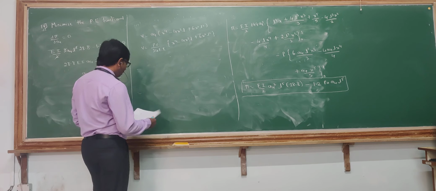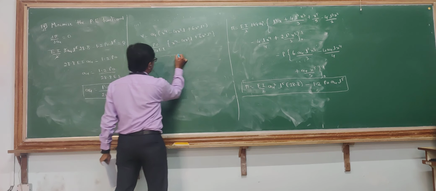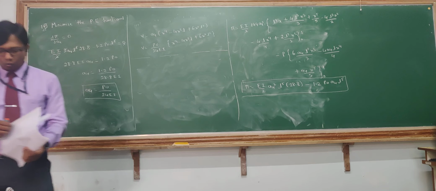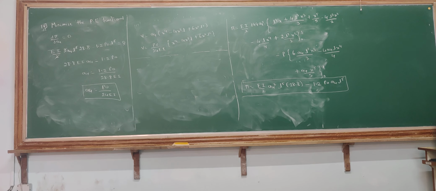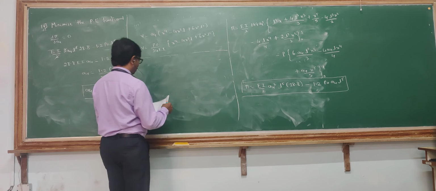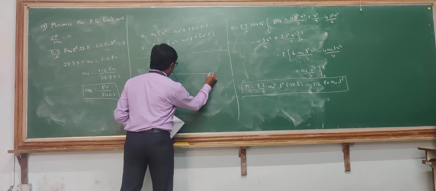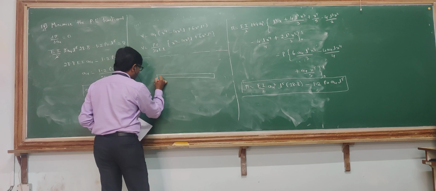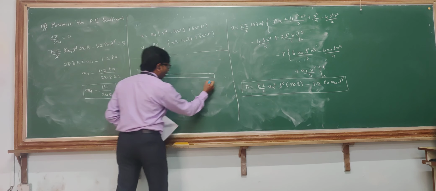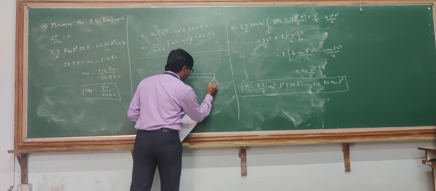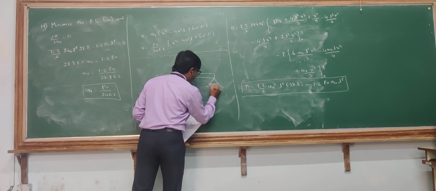So we will be giving you an assignment problem. Okay, I'll show you what the assignment problem is. For example, I have a beam which is simply supported, and it has a roller at the end.